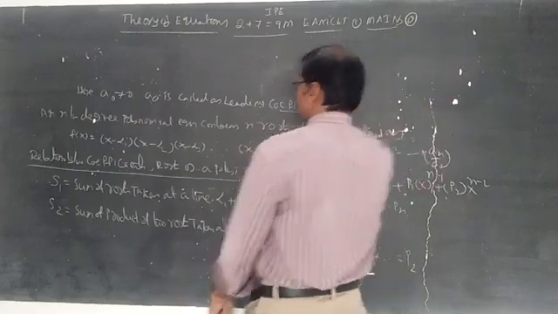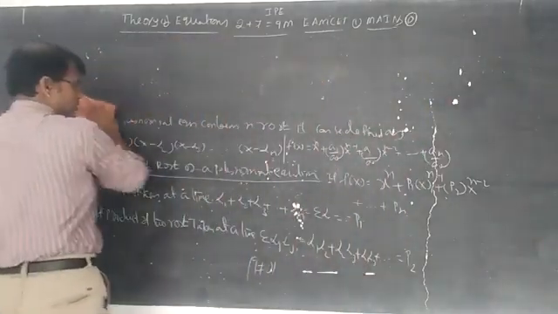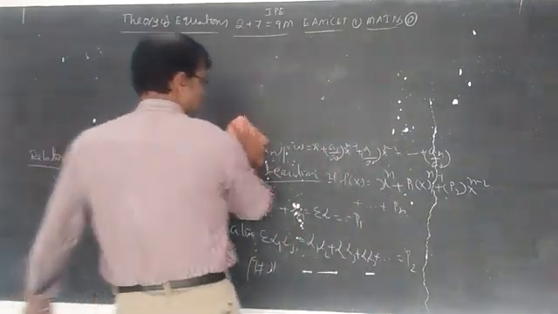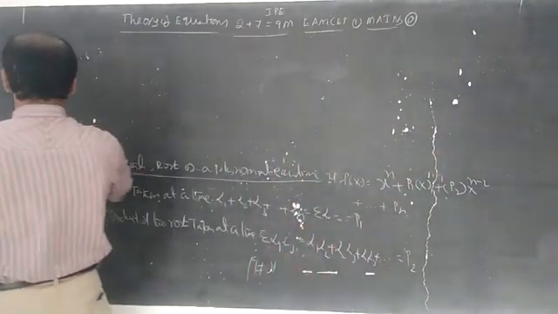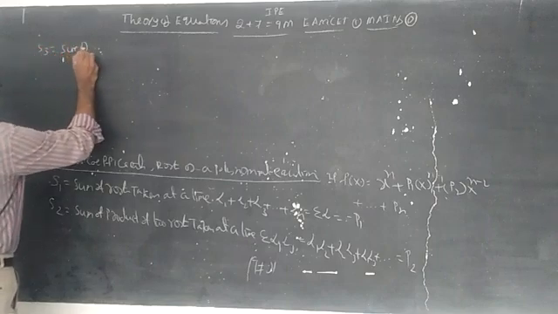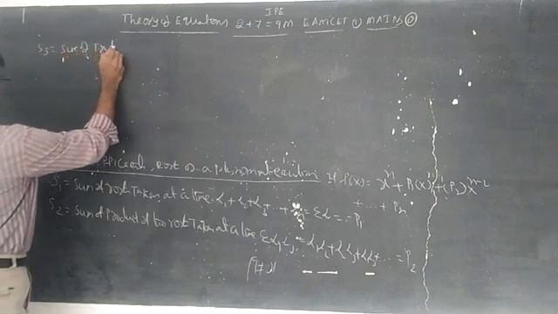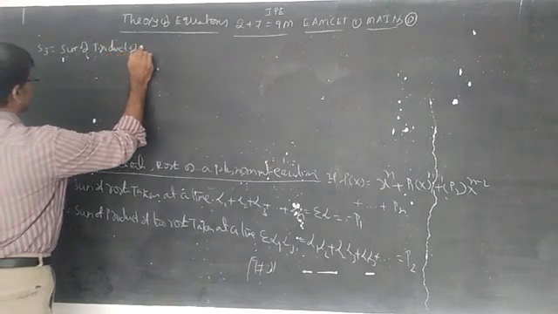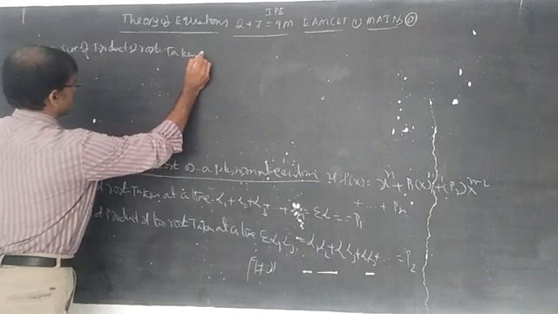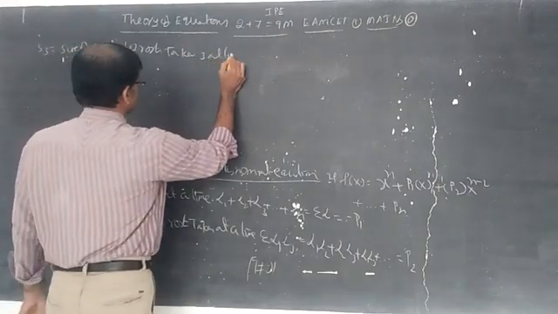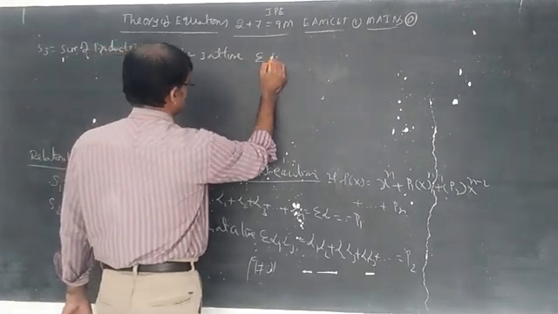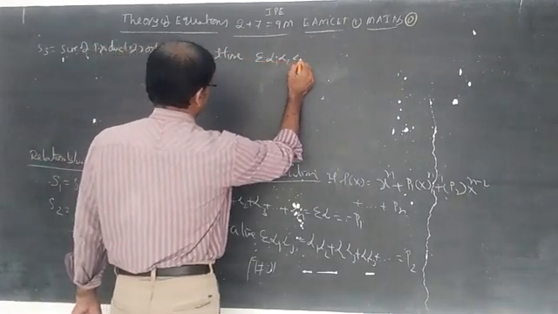In the similar way, we can follow proceeding further. S3 is the sum of the product of roots taken 3 at a time. That means sigma alpha 1 alpha 2 alpha 3.